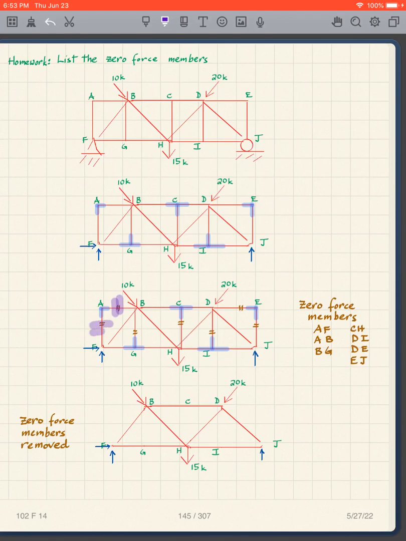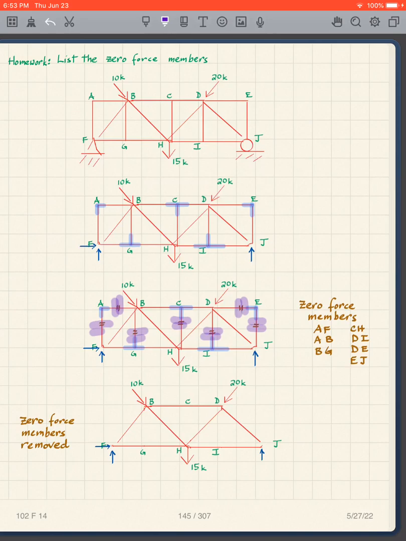For this T, it's the stem of the T that is 0. For this T, the stem of the T is 0. For this T, the stem of the T is 0. For this L, both of these are 0.